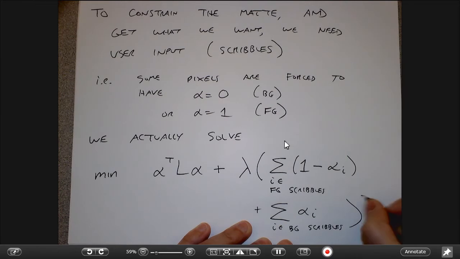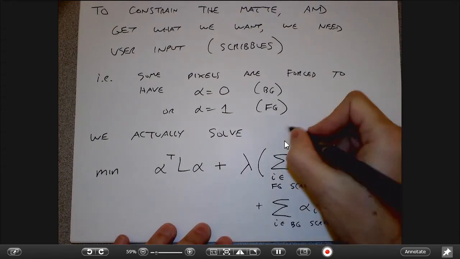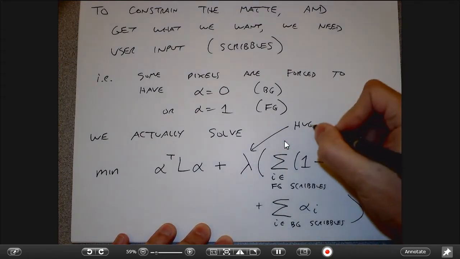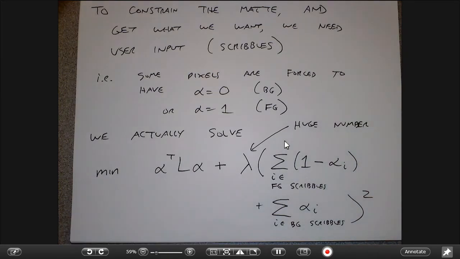So I would do something like this in practice. I wrote it a little bit differently in the book, but it's along these lines where we say, okay, this thing I want to minimize for sure, but I want to put a big penalty. So this lambda is some huge number. And that's like saying, I am seriously forcing at every foreground pixel that the user scribbled on that alpha has to be 1, right?